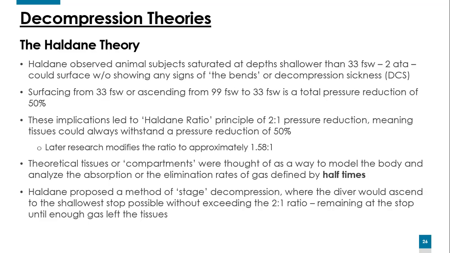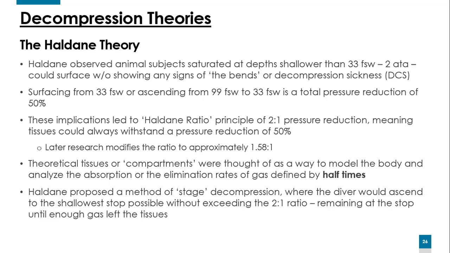Surfacing from 33 feet of seawater, or ascending from 99 feet to 33 feet, is what's called a total pressure reduction of 50%. These implications led to the Haldane ratio principle of 2:1, meaning that tissues could always withstand a pressure reduction of 50%. As an aside, later research modifies the ratio to approximately 1.58:1.